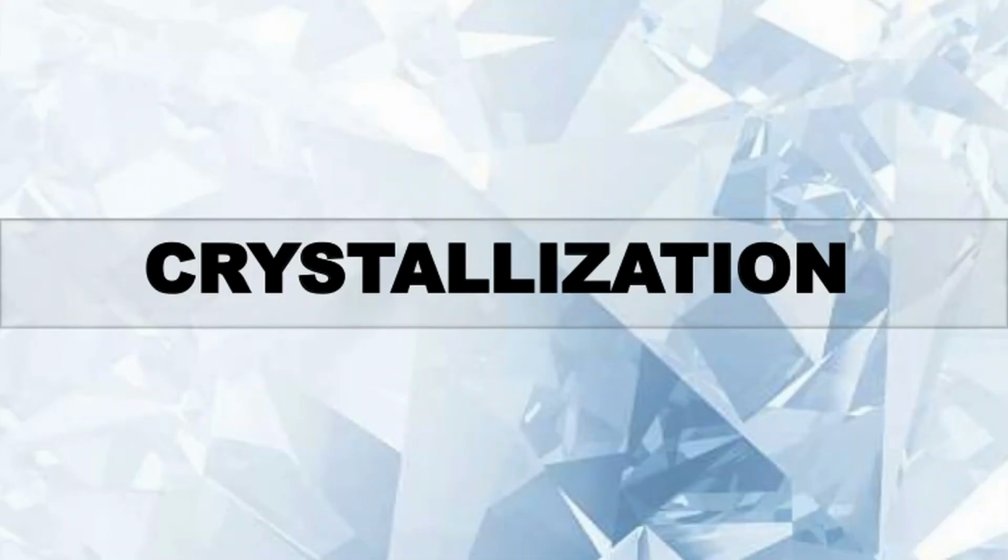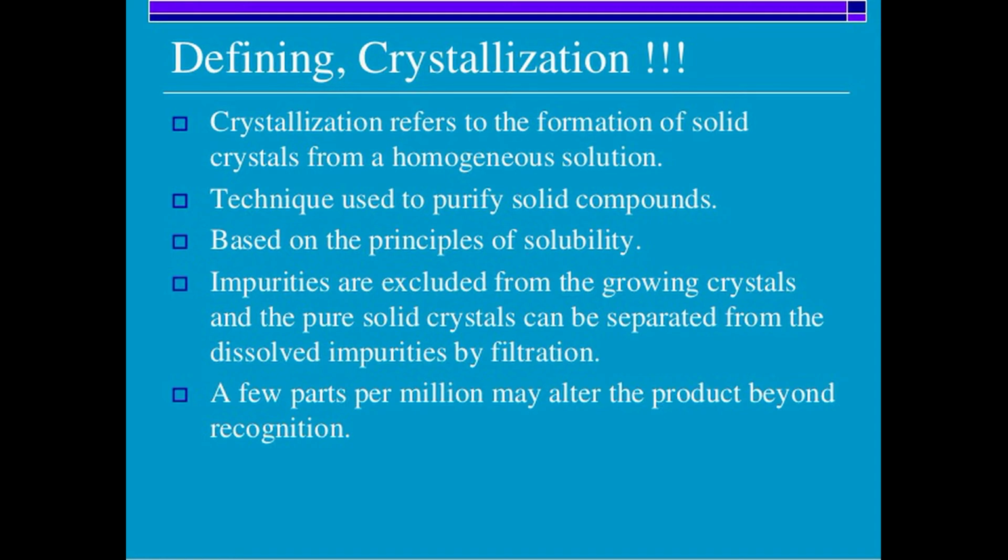Next, we will see another topic, that is crystallization. What is the meaning of crystallization? We already studied evaporation, right? To separate salt from salt water, one of the easiest techniques is evaporation. But the salt obtained in this manner will not be pure. It will contain many impurities, and the shape of the crystals cannot be seen clearly.